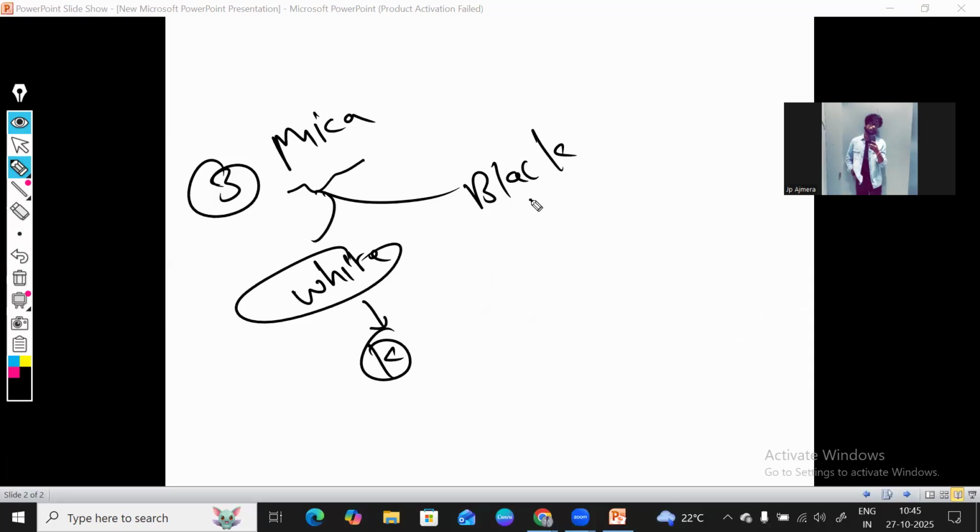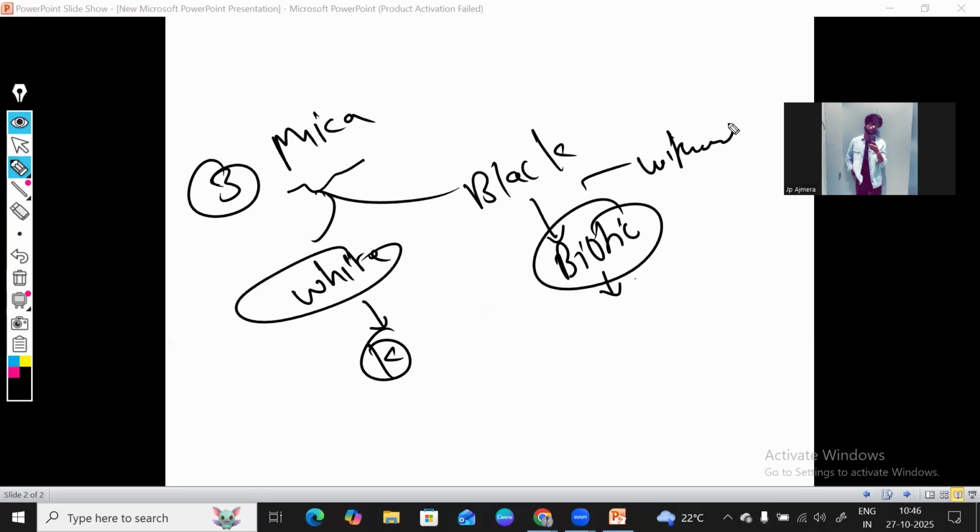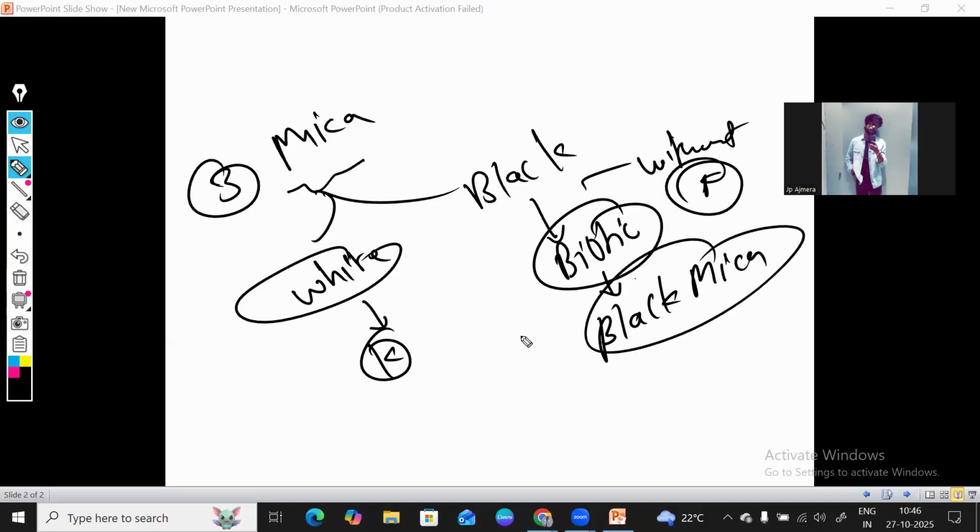And the black mica is biotite mica. It does not contain potash, simply the black one. White mica is clear, transparent.